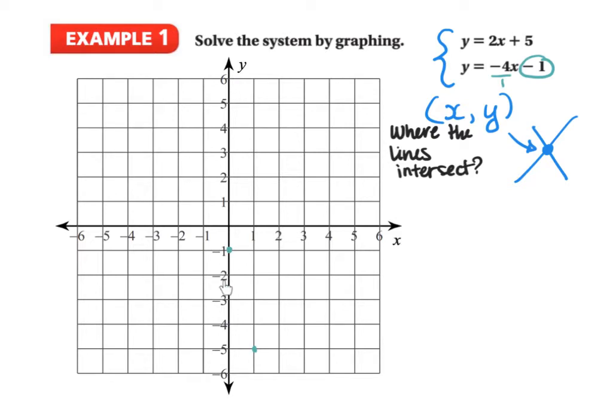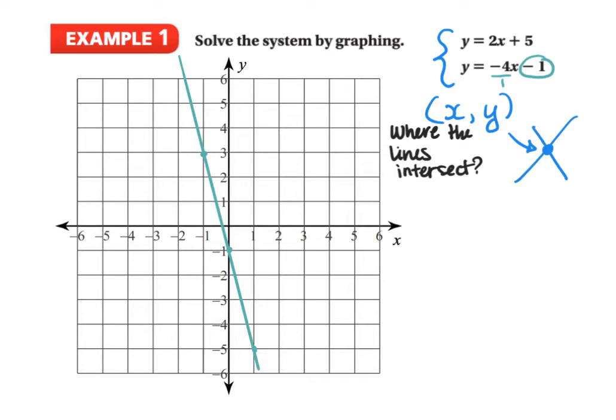So if I go 4 down and 1 over, I can go 1 to the right and 4 up. So my other point is going to be right here, and then I've got a third point and I can't fit any more. Now that I've got 3 points, it's better for me to use them to draw my straight line, because I'm more likely to find that point of intersection a lot clearer. So here is a line.